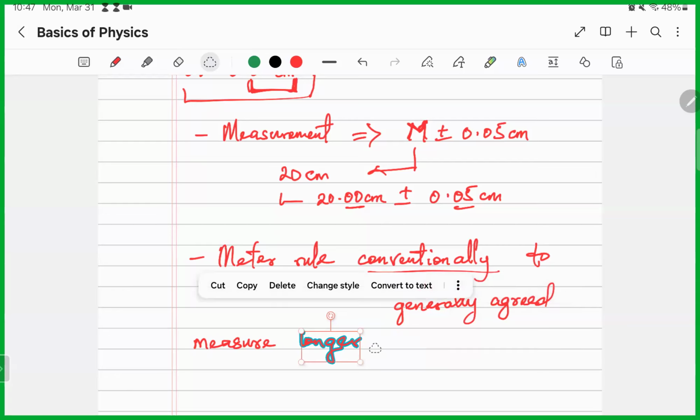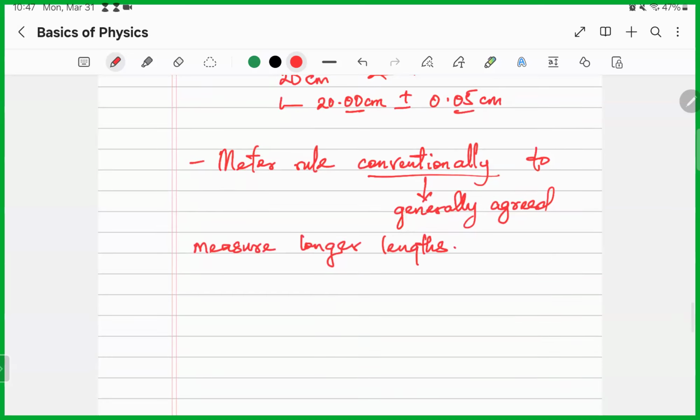Let's stick strictly to the principles: it measures longer lengths. That's the idea, and you will discover that this is relative.